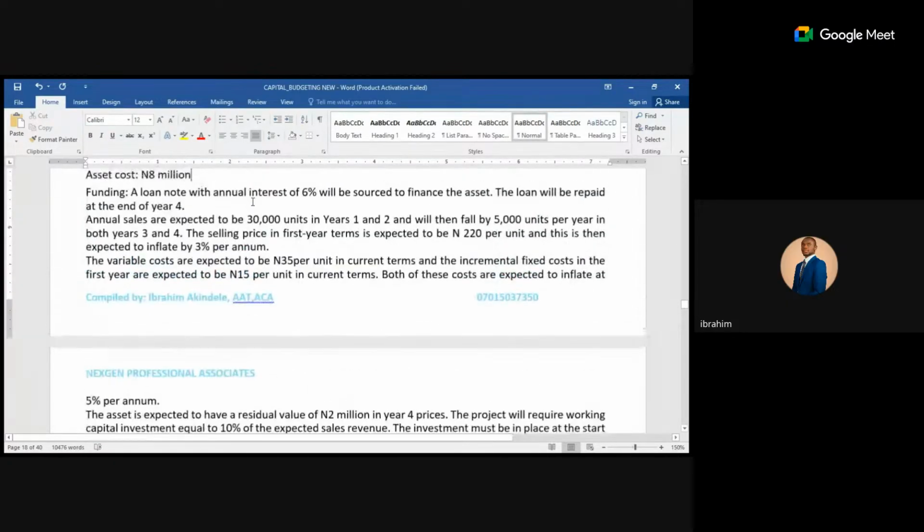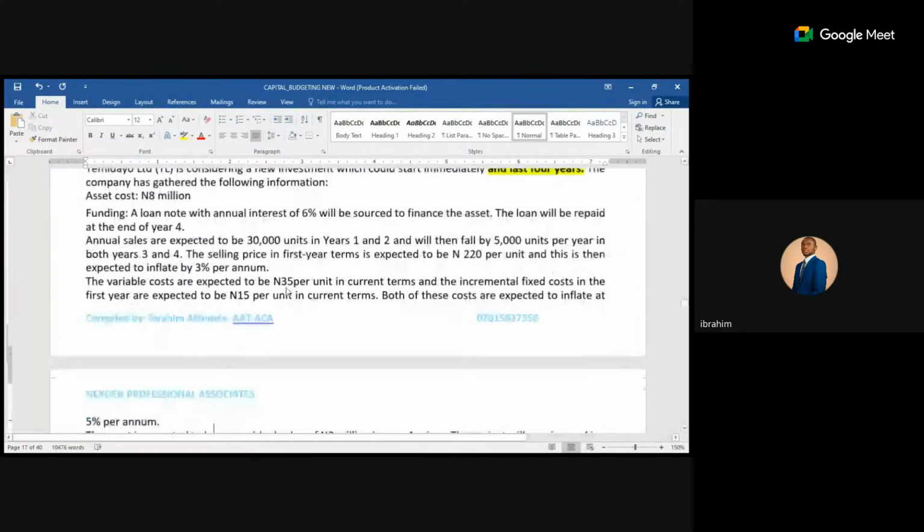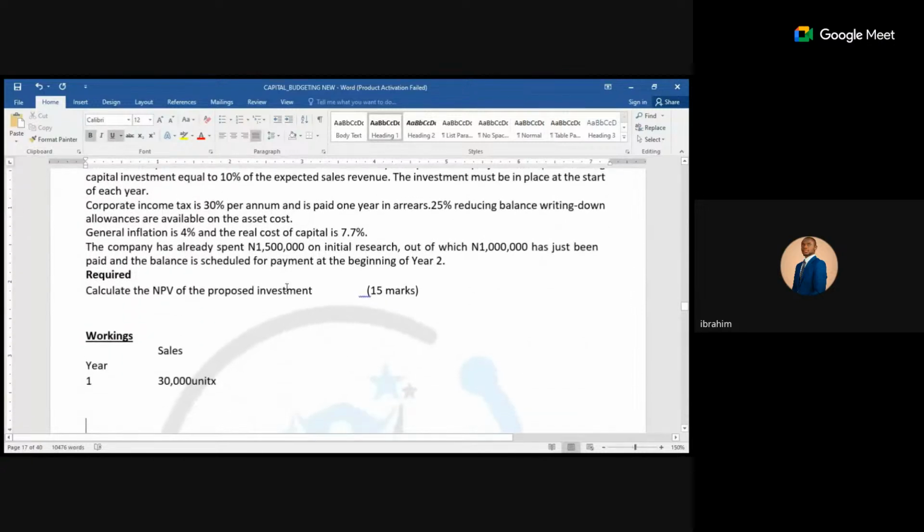Before we determine the selling price, let's finish with the units. Year 2 will be 30,000 units, and it will fall from year 3 by 5,000. So if you reduce by 5,000, you have 25,000.